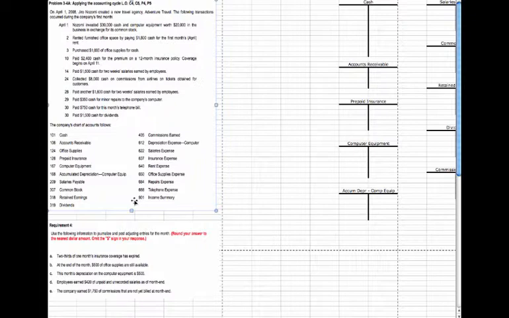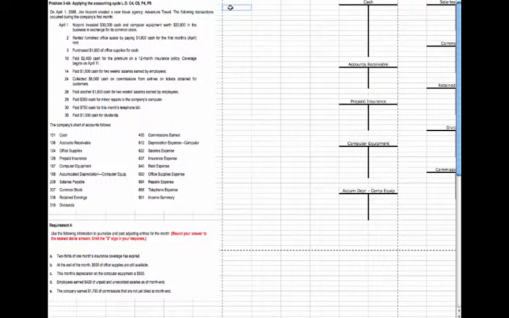So let's try that. We read on the first one, it says Nozumi invested $30,000 cash and computer equipment worth $20,000 in the business in exchange for its common stock. So what we would have to do is do a journal entry. And that journal entry first says, what do we do with the cash? We received $30,000 cash and the cash went up.